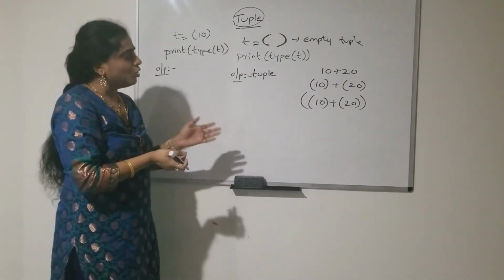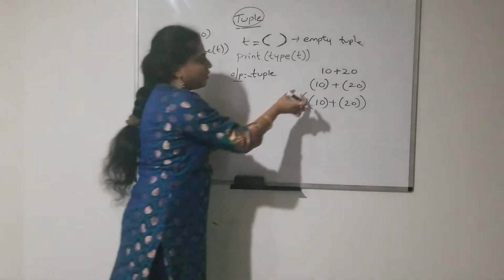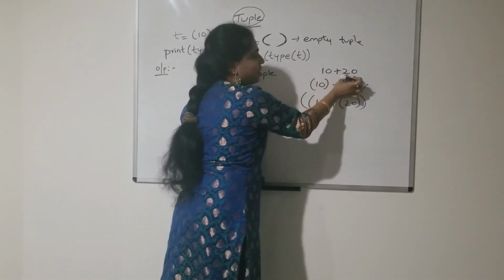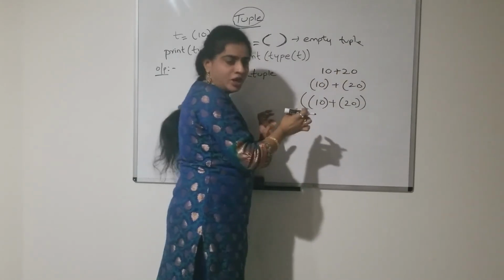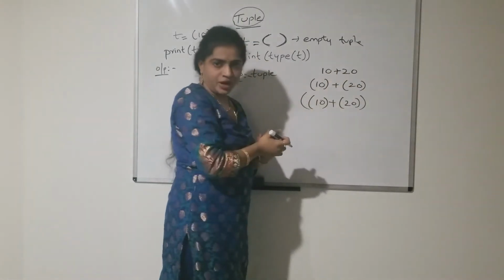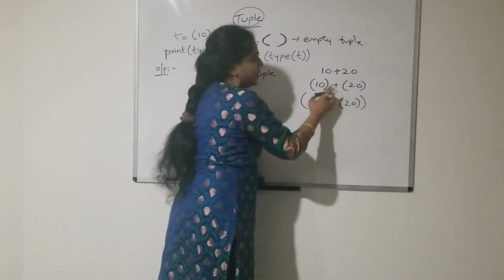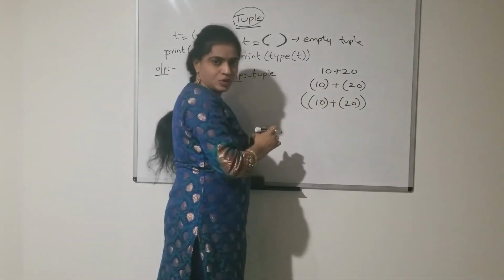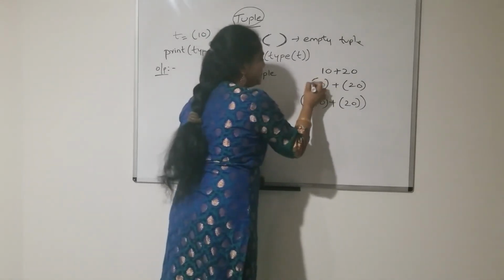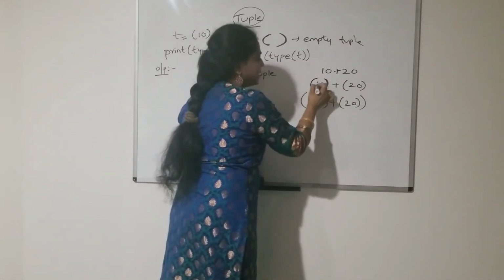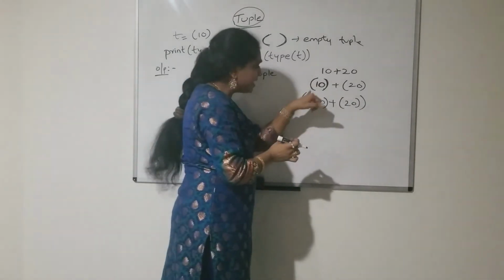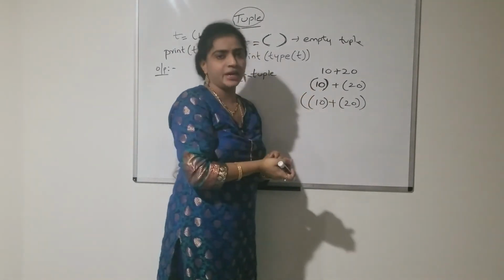So in mathematics, if you consider like this, what does that mean? Here you are performing an arithmetic operation between two integer numbers, right. Here also it is an arithmetic operation between two integer numbers in this notation. That means for this parenthesis, if you allow it like this in mathematics, it will consider this number as an integer data type.